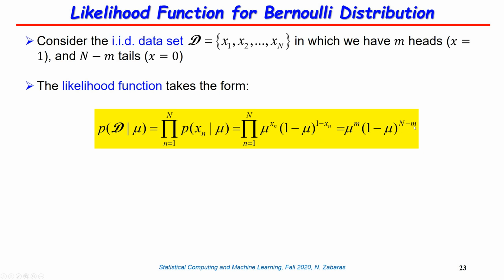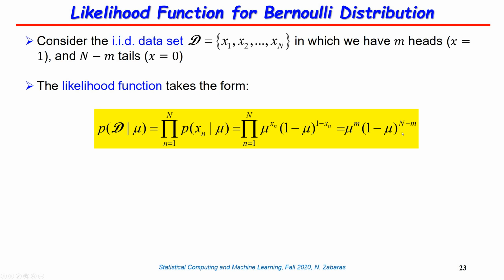And because this likelihood has these powers here that make maybe the computation a little bit more difficult to some, what you can do, instead of maximizing this, you can actually maximize the log of this. And if you take derivatives with respect to mu and you set them equal to 0, you get the result that the MLE estimate of mu is m divided by capital N.